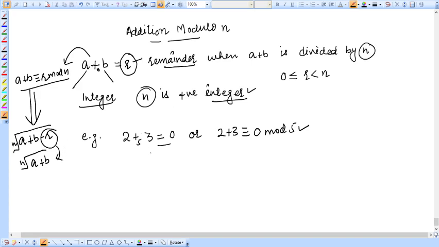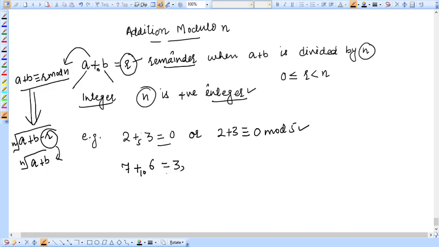So some more examples I'm gonna take here for you. For example, 7 addition modulo 10, 6, it is equal to 3, right?